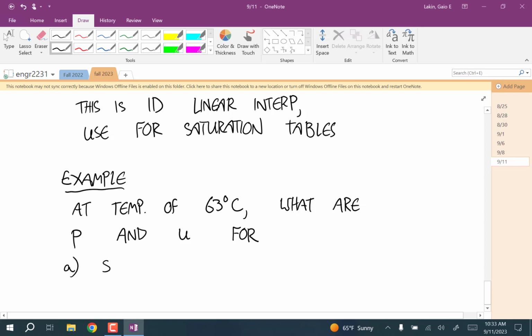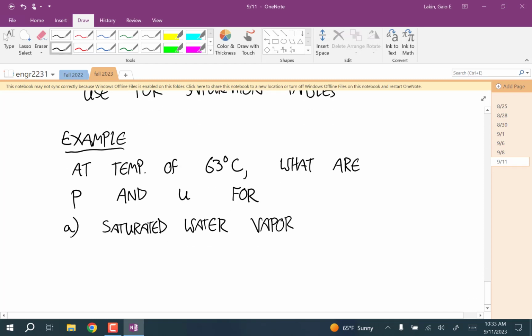So first, for a saturated water vapor, and second, for a saturated liquid water.